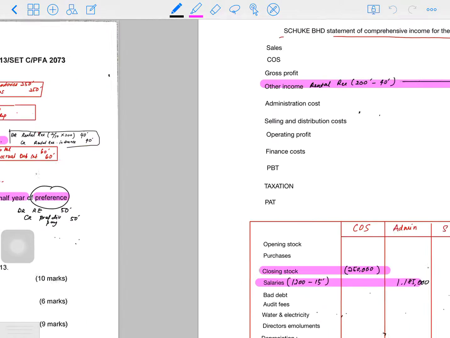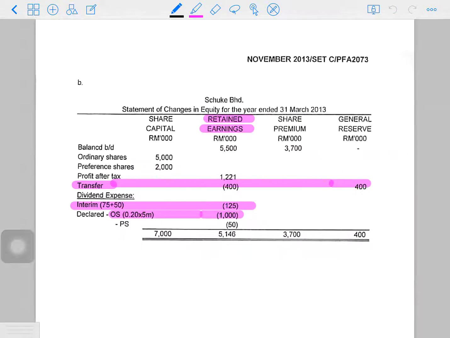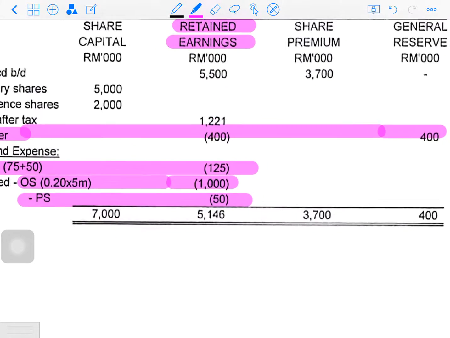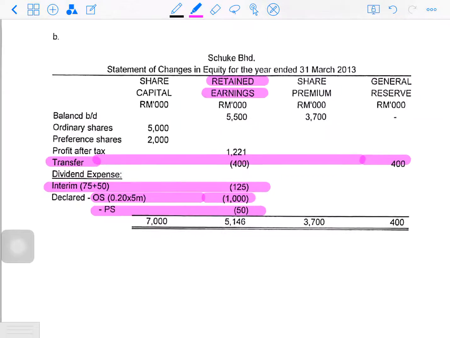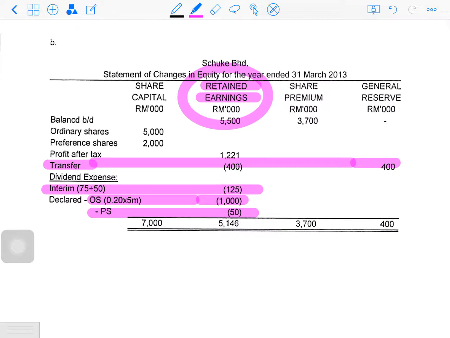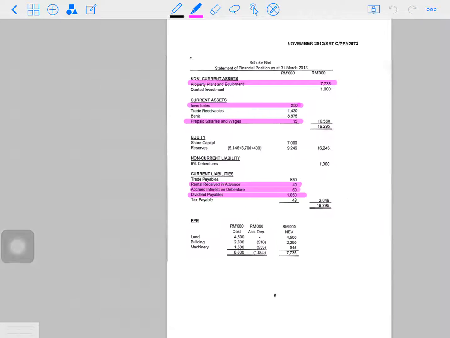This will affect your statement of changes in equity: 50,000 debit from retained earnings, credit dividend payable.